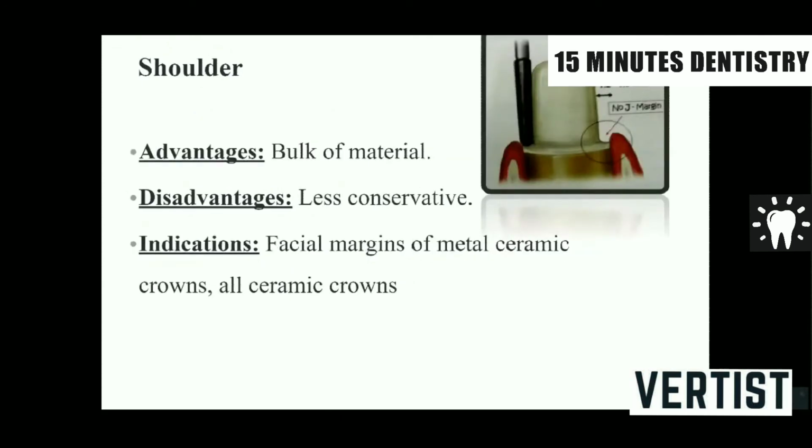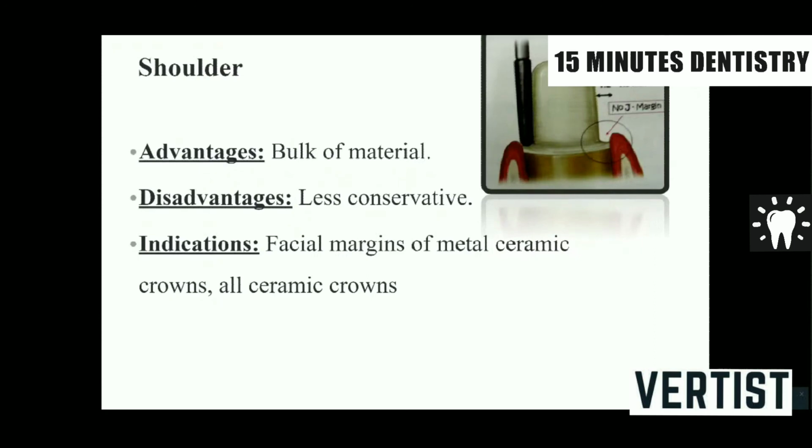Then we have the shoulder finish line, which is approximately 1 to 1.2 to 1.5 mm in width. The advantages being the bulk of material, the disadvantages being less conservative. So wherever we are preparing the facial margins for a metal ceramic crown or an all ceramic crown, we want more amount of the restorative material.